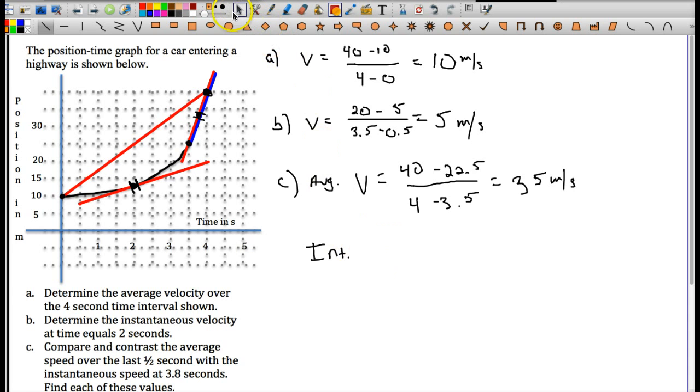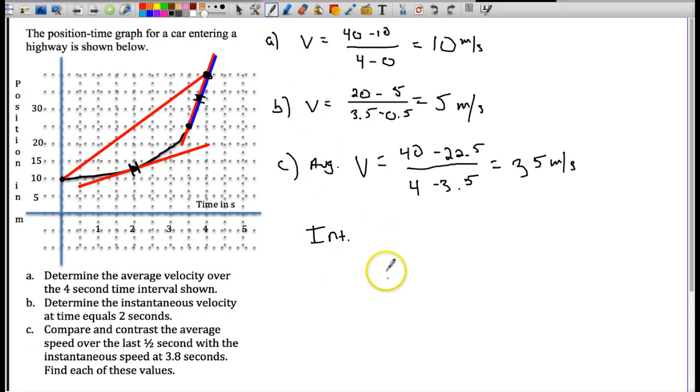And if we pick points there, we get that V equals, I probably should have made that line a little longer, 40 minus 22.5, get the same stuff going, 4 minus 3.5. And we should get the same speed of 35 meters per second.